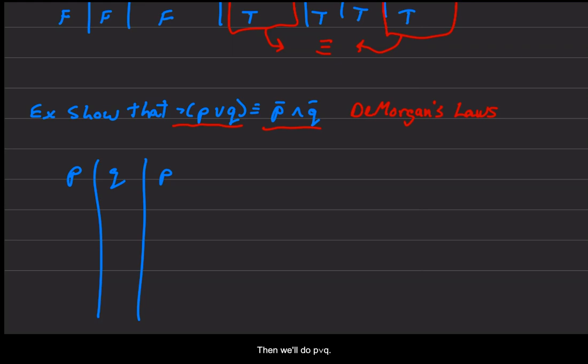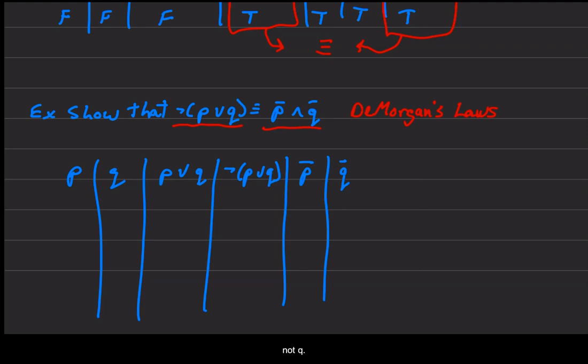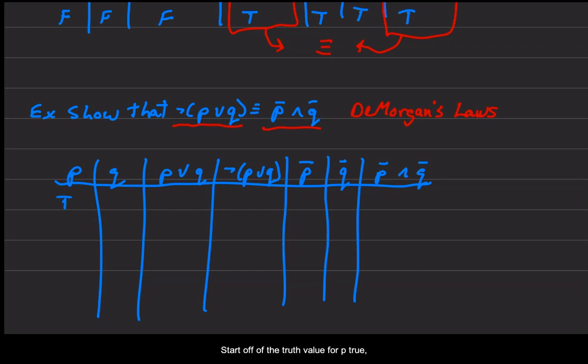Then we'll do P or Q. Then we'll do the negation of P or Q. Then we'll do not P, not Q. And then we'll do not P and not Q. So we'll start off with the truth values for P, true, true, false, false, and Q, which is true, false, true, false.